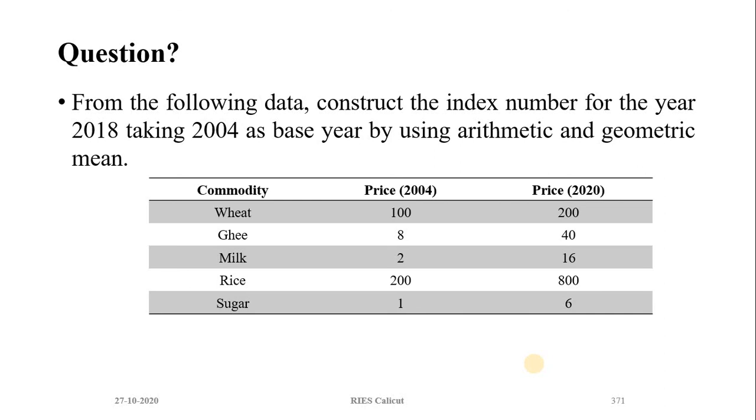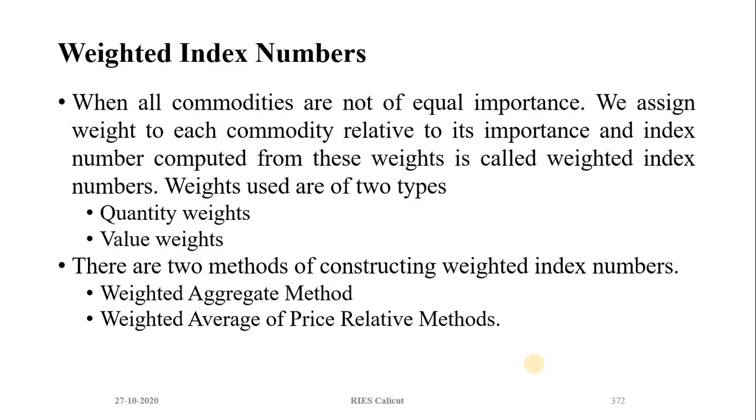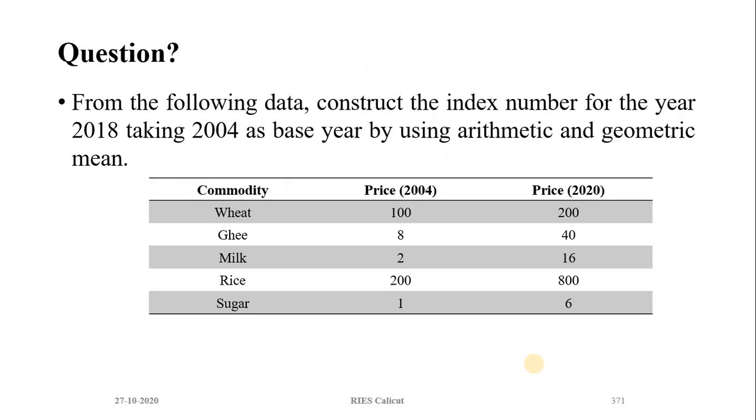You have to construct the simple aggregate price index number. Similarly, the simple average price relative index number using AM and GM for all these commodities. So this is a problem for you. You solve it and send it to this WhatsApp group.